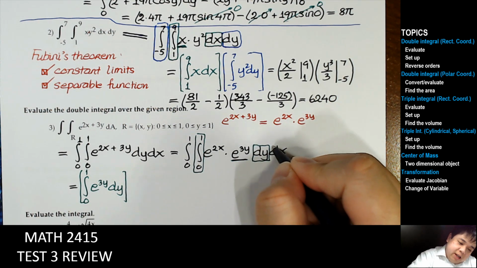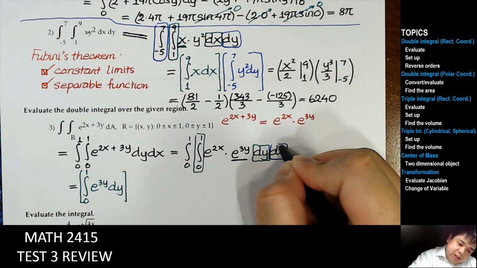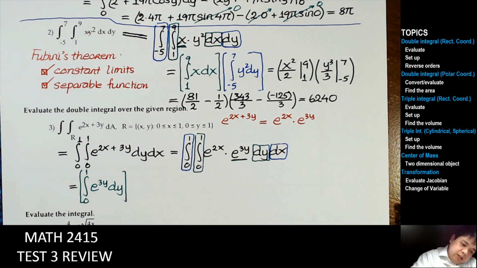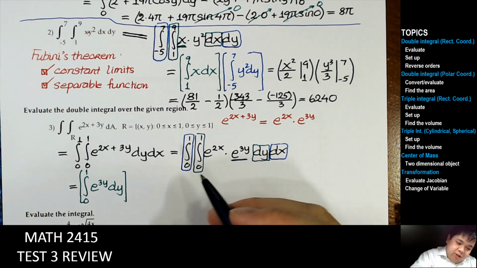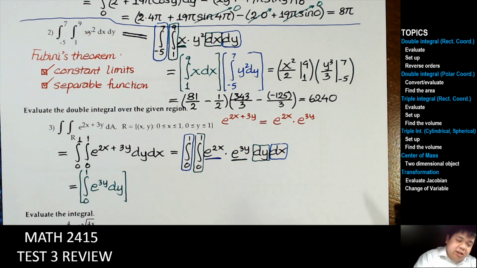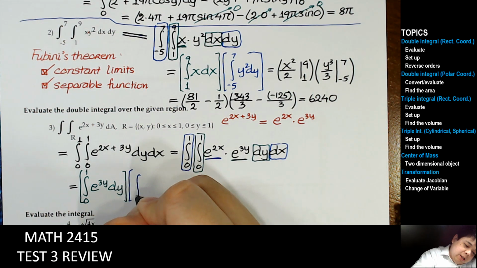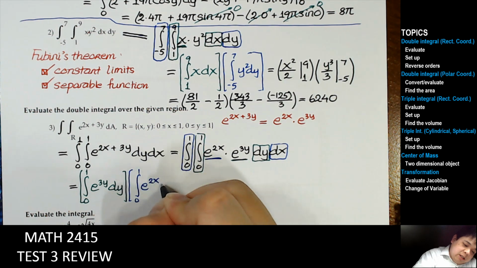And next we have dx from 0 to 1. That is the integral, and the function of x is e to the 2x. So we're going to have 0 to 1 e to the 2x dx.